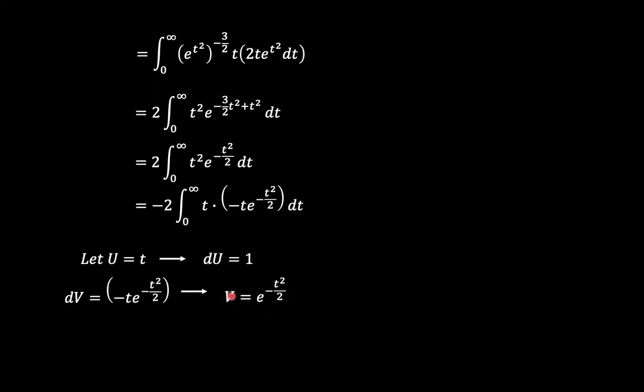And when you differentiate this, you get back here. So using this popular formula of integration by parts, where if you're integrating a product of u and dv, then the integration is uv minus the integration of v du.